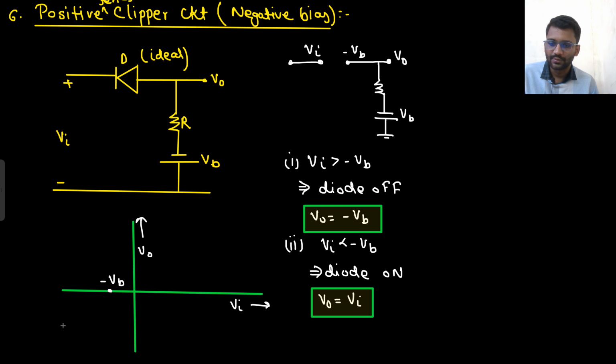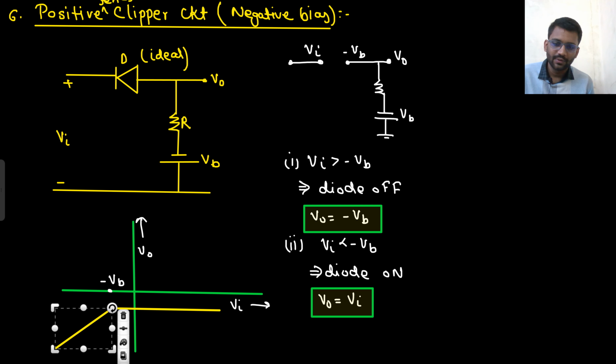So for V in less than minus Vb, V naught is equal to V in, with slope being positive. And after that, it is minus Vb only. So V naught is equal to V in, and eventually, it is going to be minus Vb only.